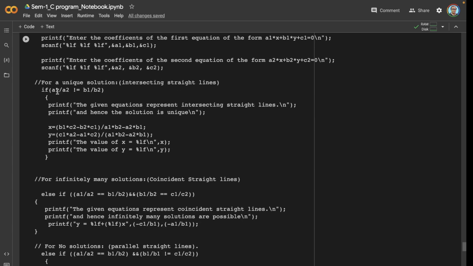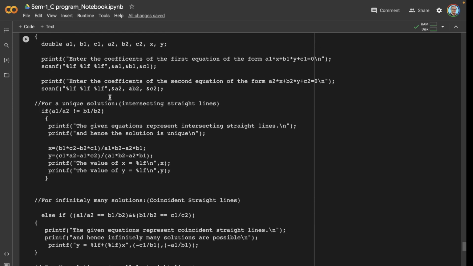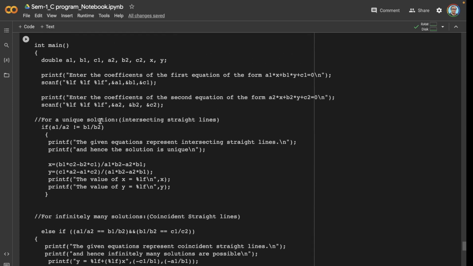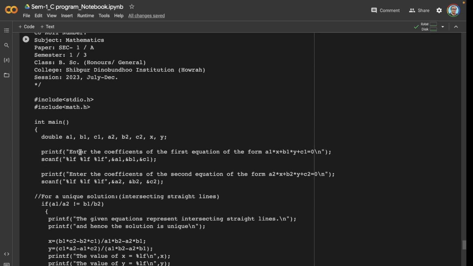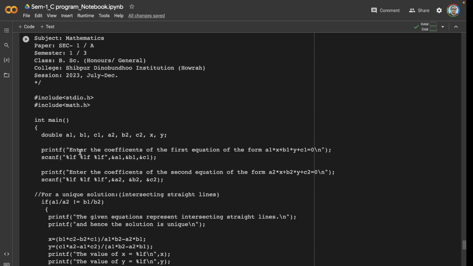And if a1 by a2 not equal to b1 by b2, because this is for a unique solution, actually this represents a straight line. When a1 by a2 not equal to b1 by b2, that means there are intersecting straight lines, and so we get a unique solution.